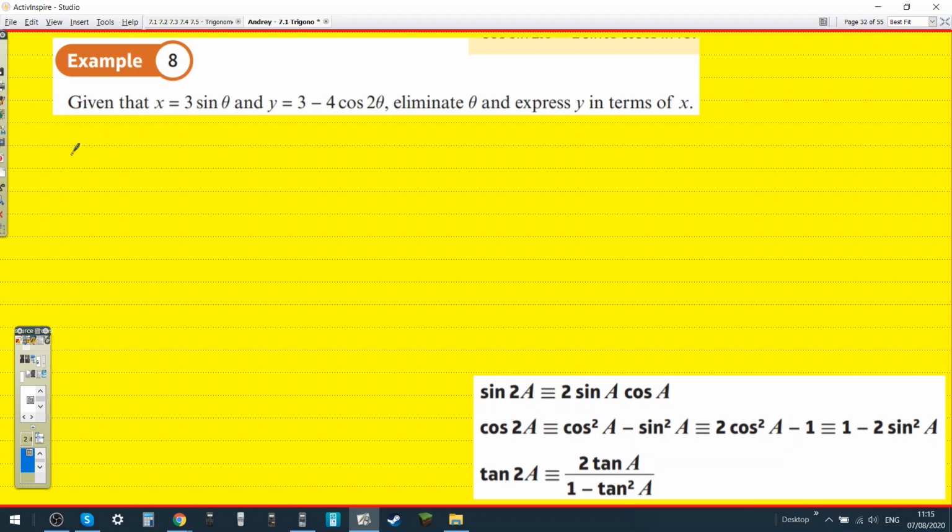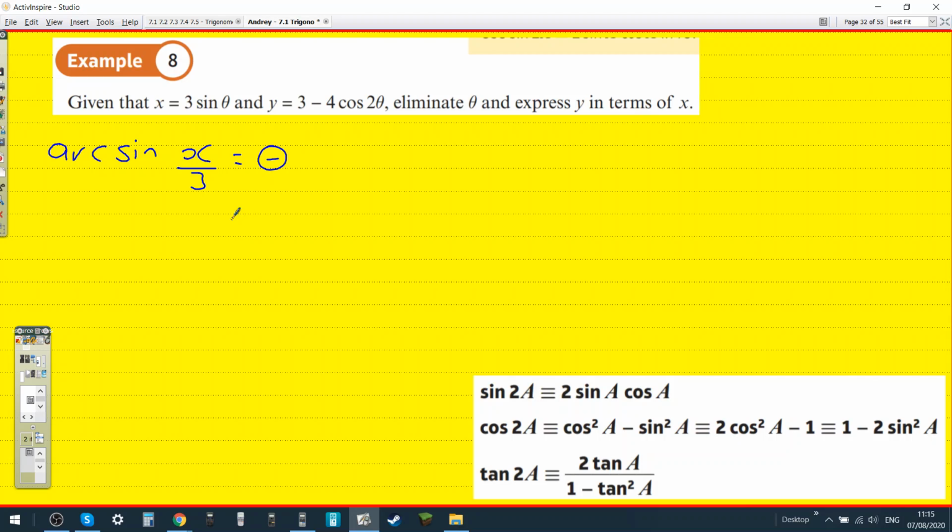Let's try this way. I think it would be x over 3. So I'll call it arc sine x over 3 equals theta.